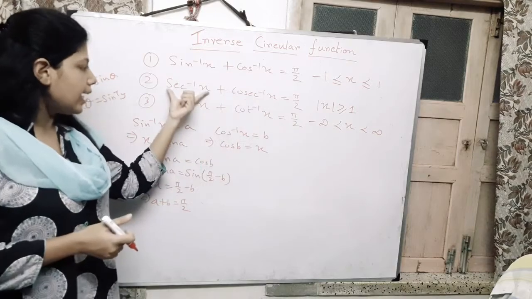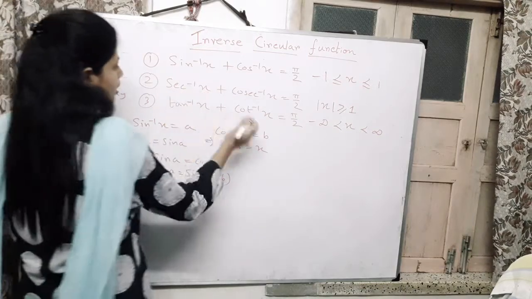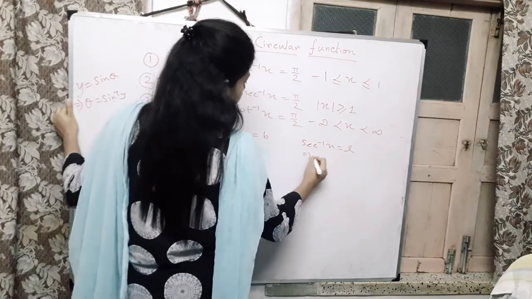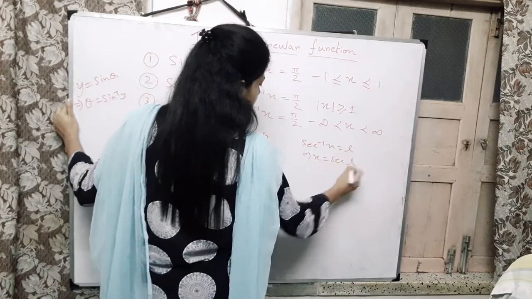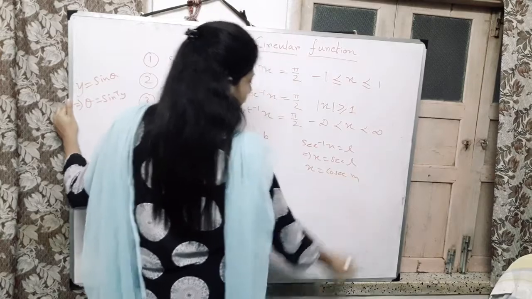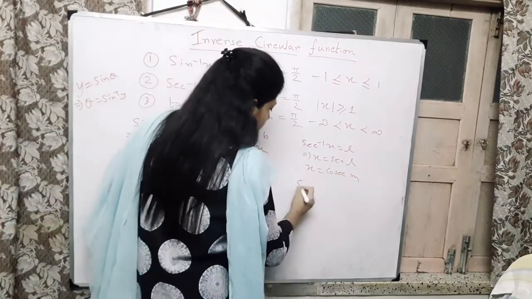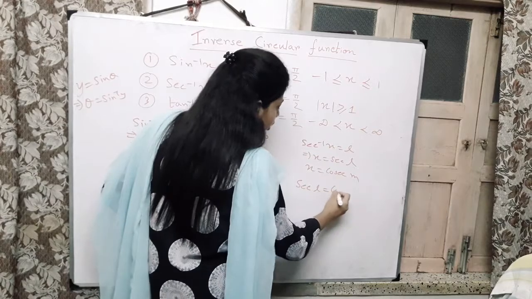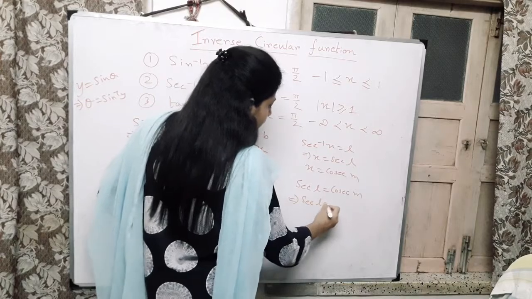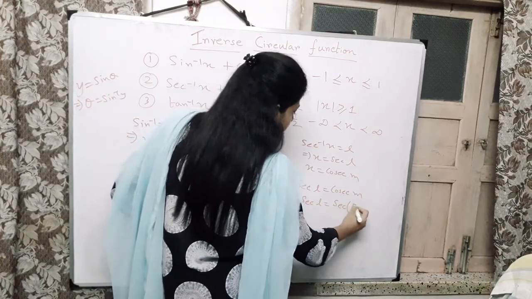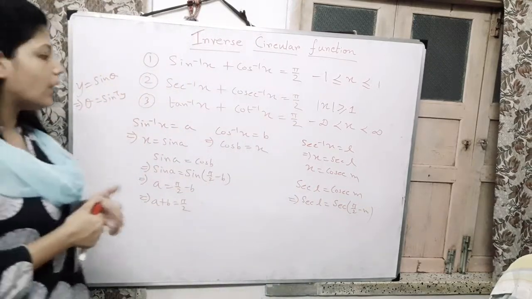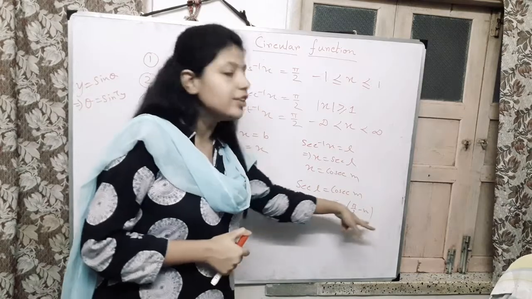If I take this one as L, then x equals sec L. Similarly, x equals cosec M. Now both of them are the same, so we can write sec L equals cosec M. That means sec L equals sec of pi by 2 minus M, because in complementary angles we have already done that cosec theta equals sec 90 minus theta.